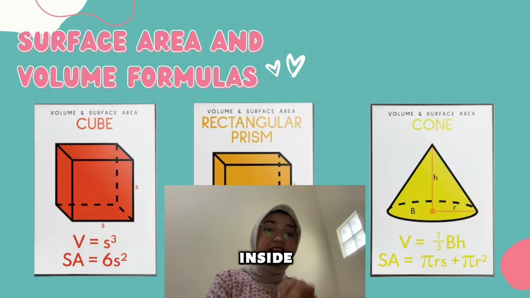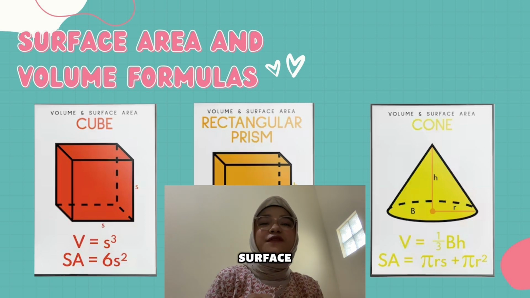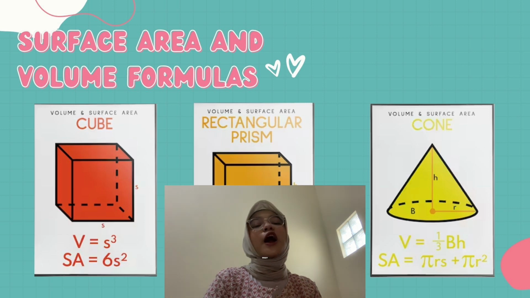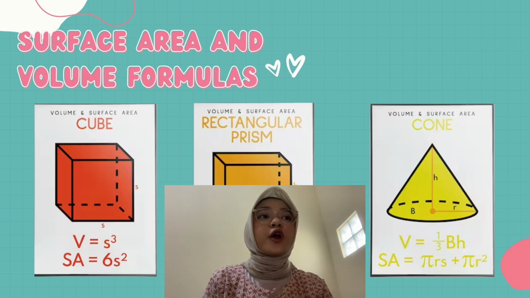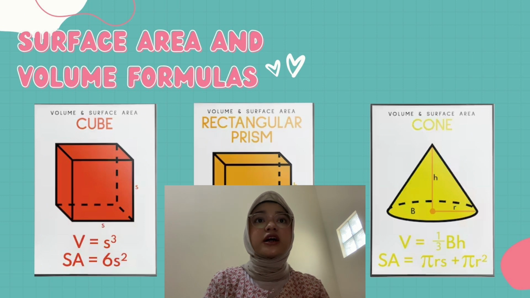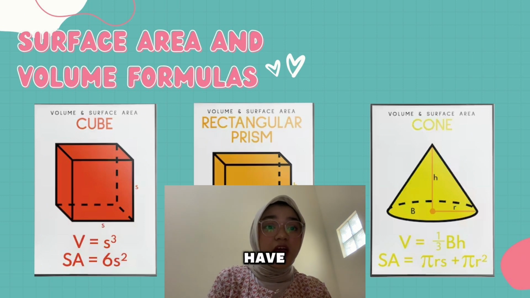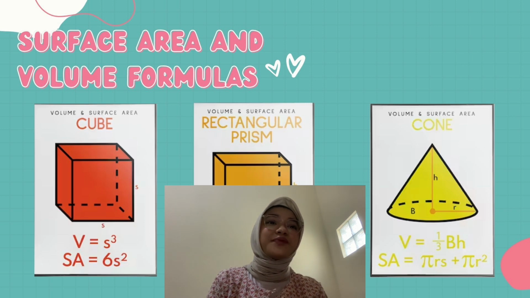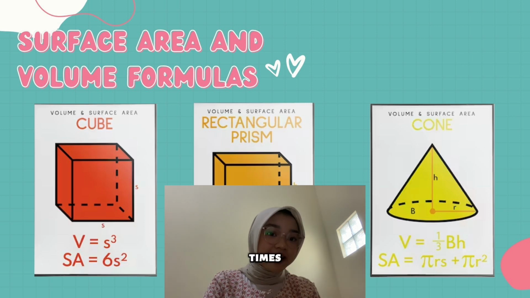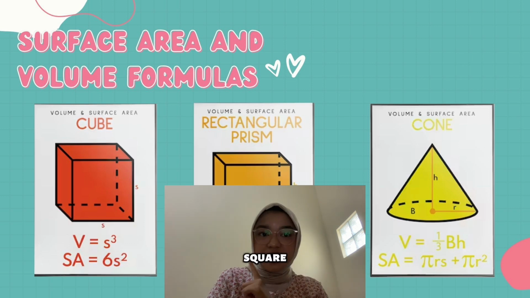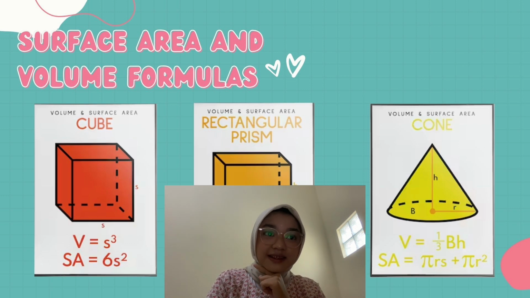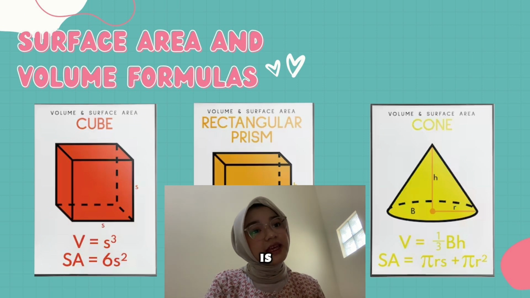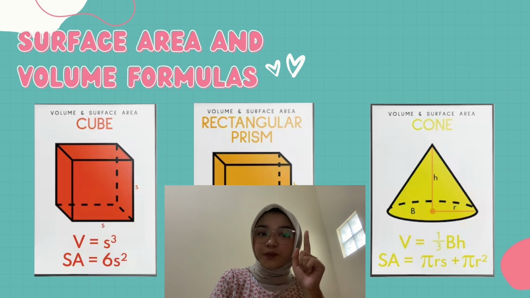Okay, we'll go inside. Surface area and volume formulas. For the first, we have a cube. A cube has total surface area 6 times s squared, and the volume is s cubed, right?